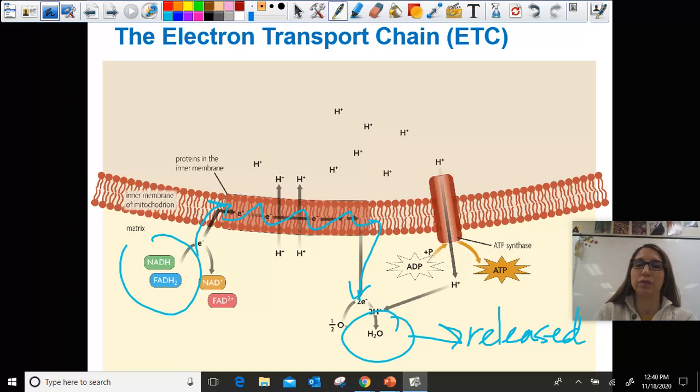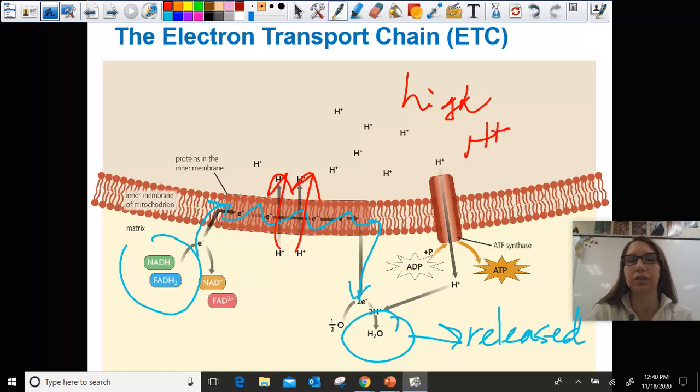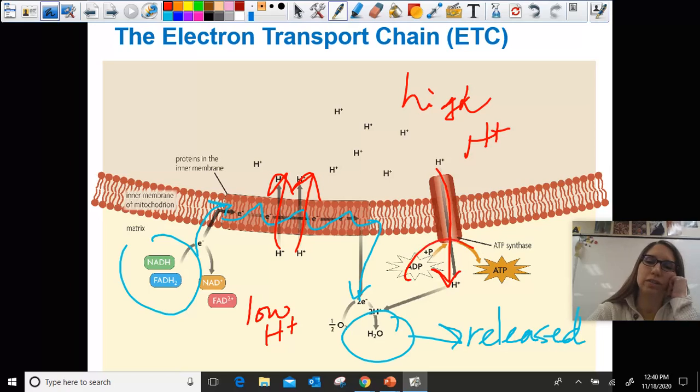As we saw with photosynthesis, the pumping of these hydrogen ions across this membrane results in a concentration gradient. So here I have a high concentration of hydrogen ions, and here on this side I have a low concentration of hydrogen ions. And so when they diffuse from high to low, this is where we get the creation of ATP.